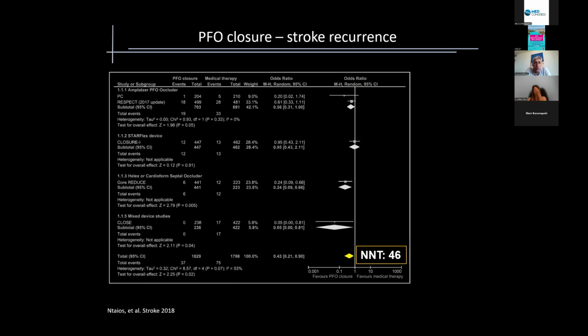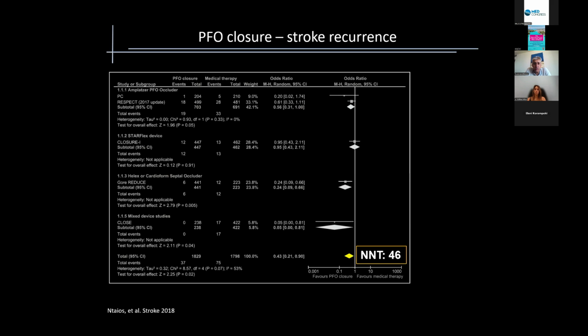Now, is it causally associated or not? As we mentioned, out of 5 persons in the general population, 1 has a PFO. So it's not really a surprise to find a PFO in a patient with ischemic stroke. But is it causally associated, or was it just an innocent bystander that happened to be present there?